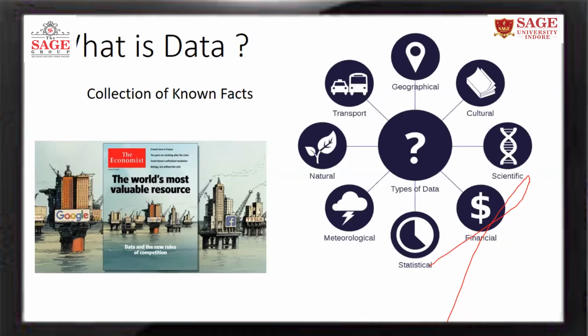So data is the new oil. This is the most valuable resource of this planet right now. And this was said by The Economist in 2017. It's the most important resource right now.